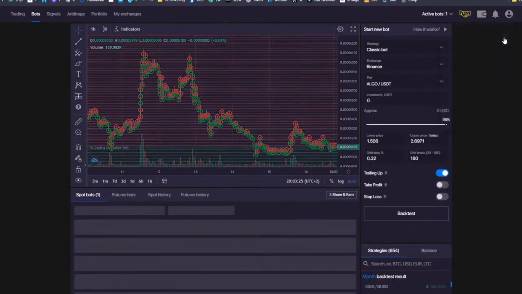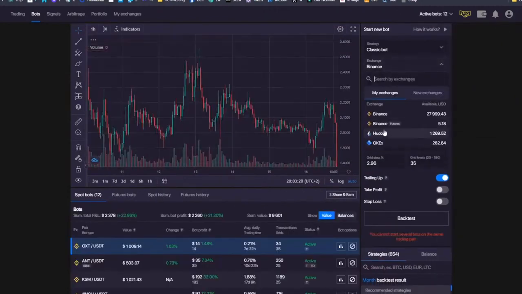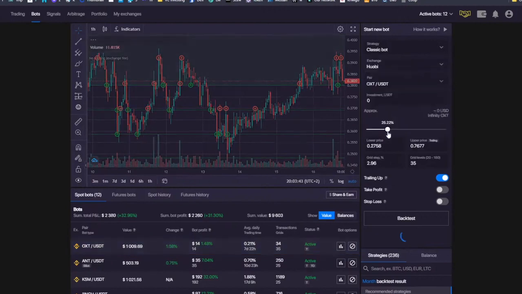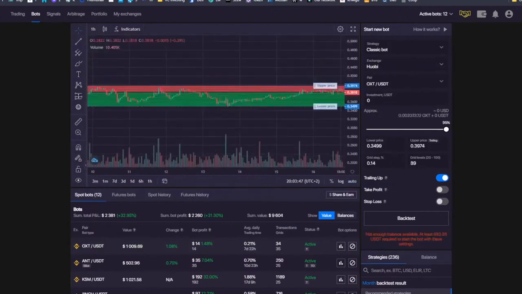That's why on my real account I have Binance, Huobi, and OKEx, because I know if, let's say, I want to trade OXT coin, and I know that there is OXT on both Binance and Huobi, then I'm going to stick with Huobi because I know that on Huobi they set lower minimum trade size requirements compared with Binance.